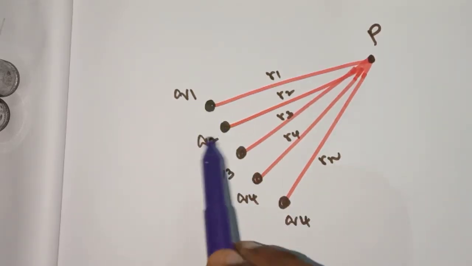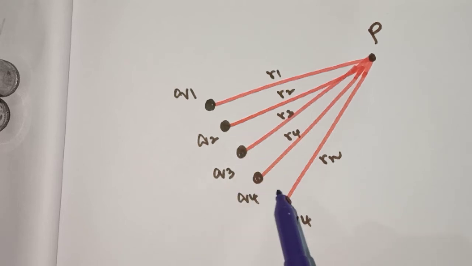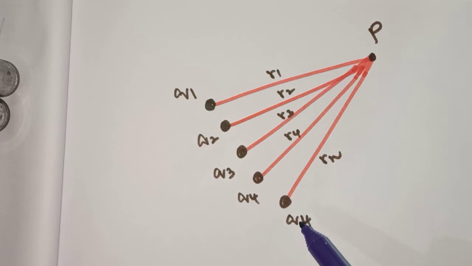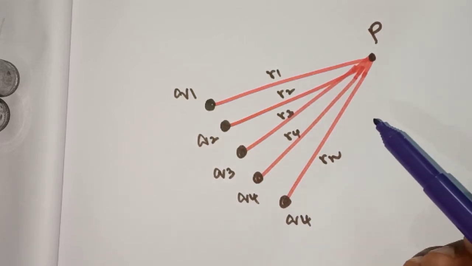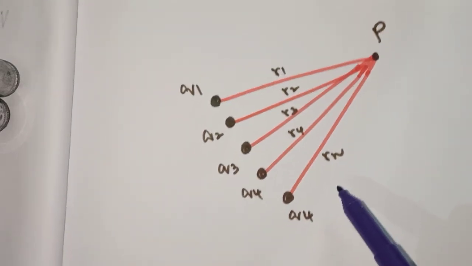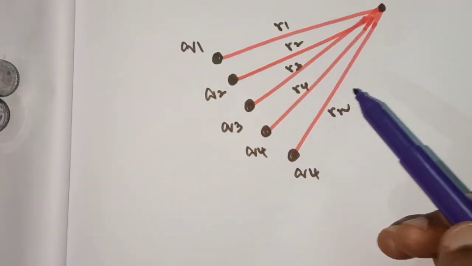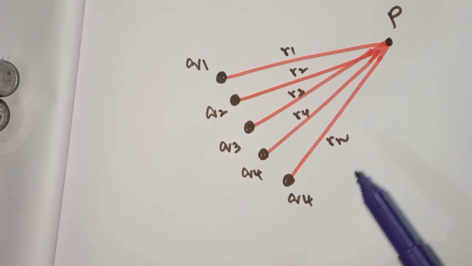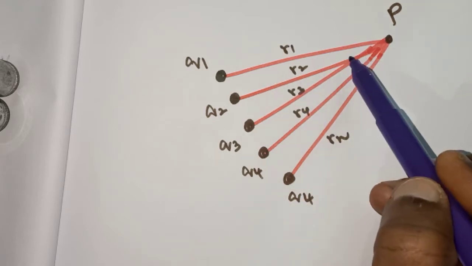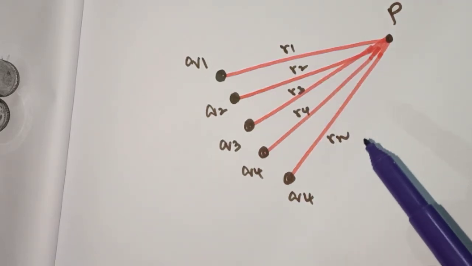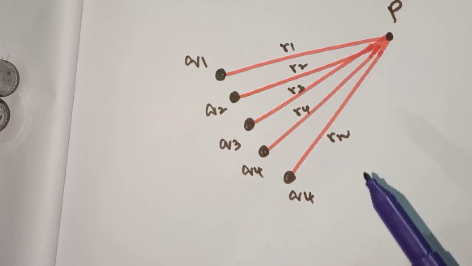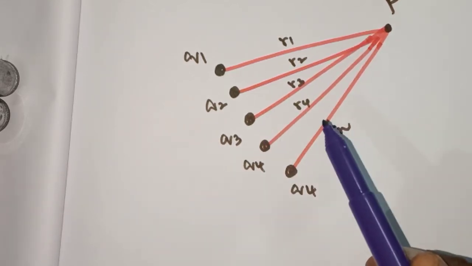In order to calculate the potential at point P using the field, the equation is very complicated. We have to substitute E vector and R vector. The equation is very complicated, but the potential concept gives a very simplified form.